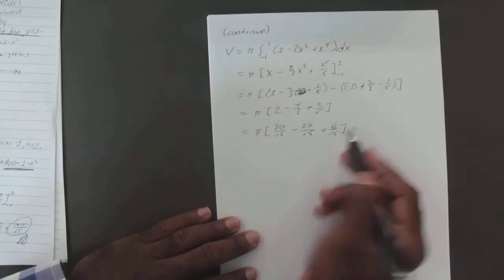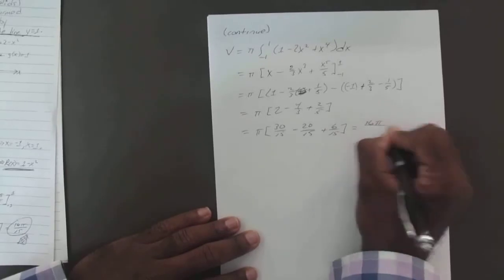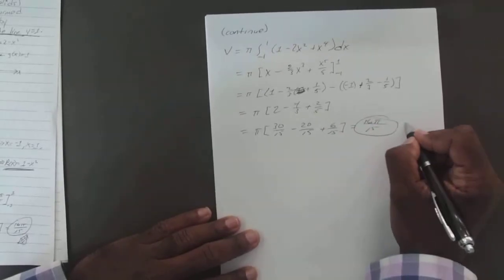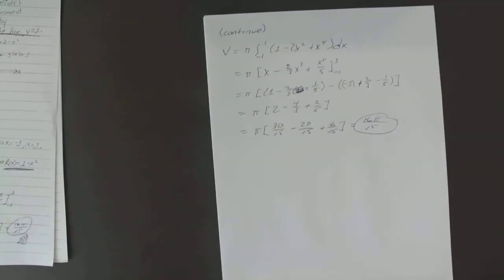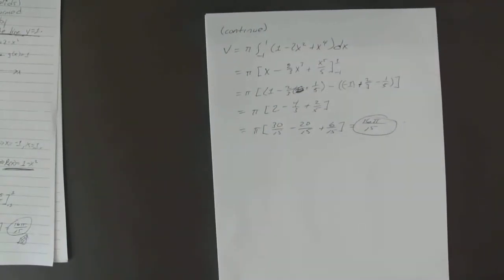So if we want to go ahead and just simplify this the rest of the way, we'll make that 30 over 15, since 15 is the least common multiple, minus 20 over 15 plus 6 over 15, which would give us 16 pi over 15. Okay. Any questions on that one? Let everyone finish up writing that.